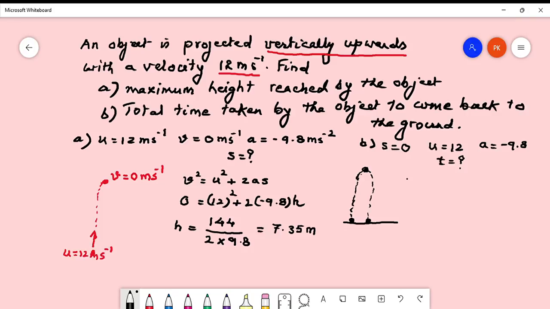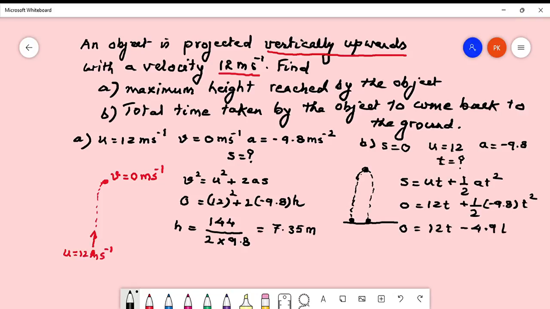S is equal to ut plus half at square. S is 0, so 12t plus half into negative 9.8 into t square. So 0 is equal to 12t minus 4.9 t square.